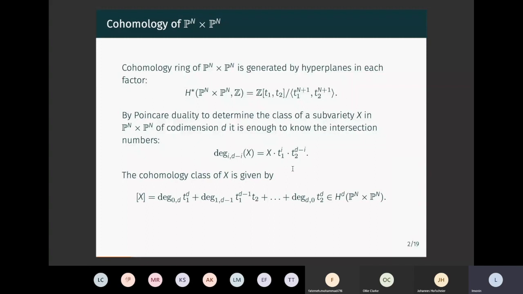And why is it enough? By Poincare duality, you can write the class of X as a polynomial where the multi-degrees are exactly the coefficients of your monomials in T1, T2, or rather the opposite coefficients.